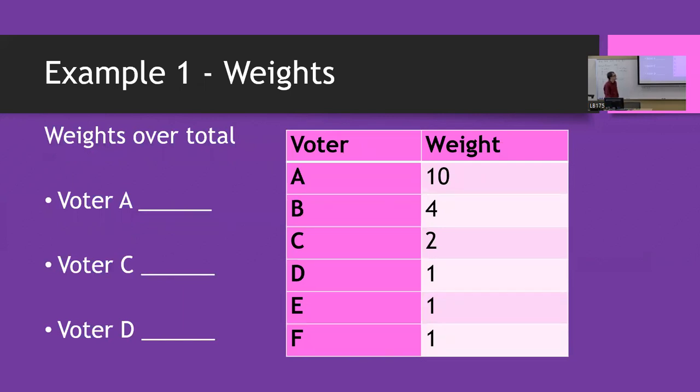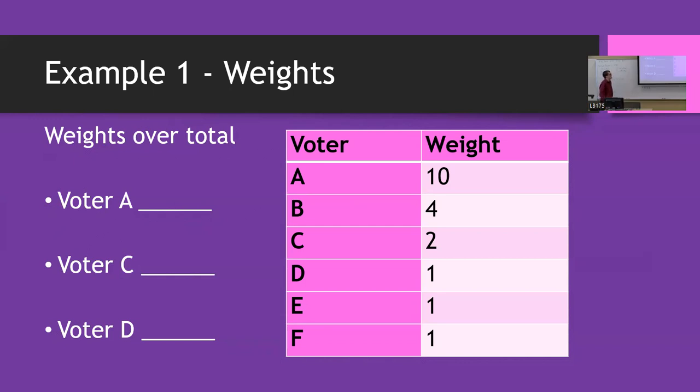But we see that that's not going to be a very good judgment of power, because if you remember back to the very first example, we had 19 votes. A had 10 out of 19 votes. So the weights over total would be 10 over 19. C had 2 over 19.